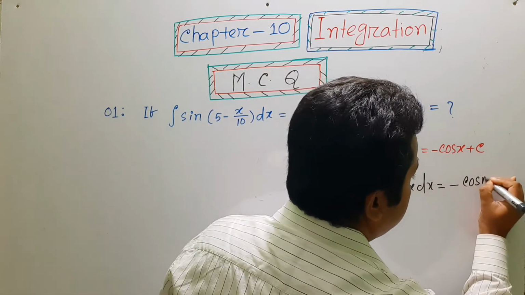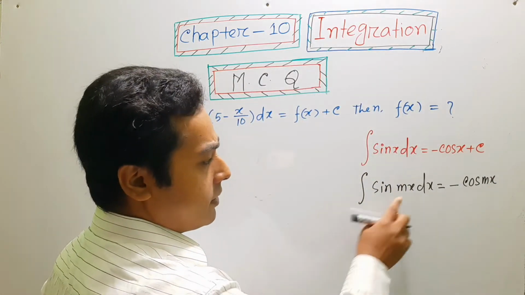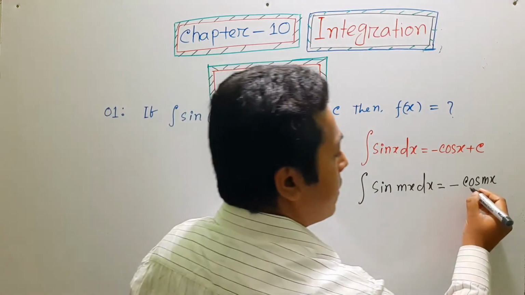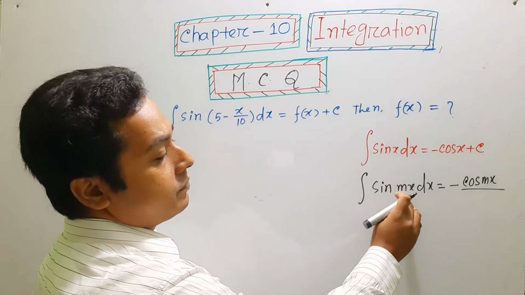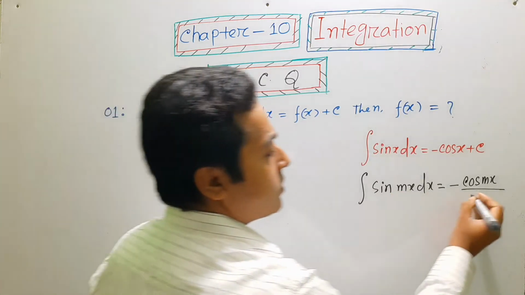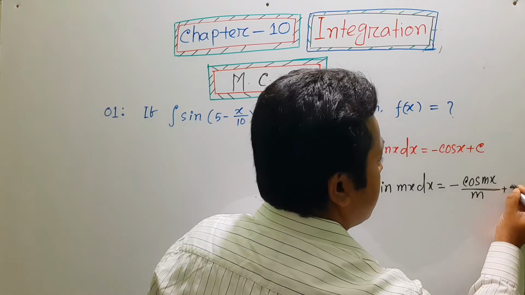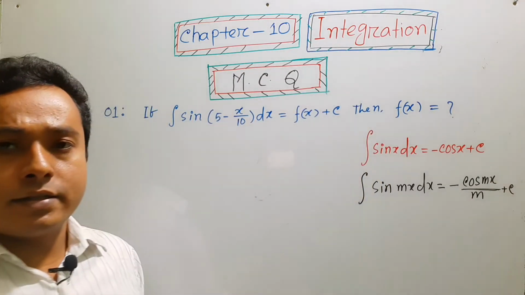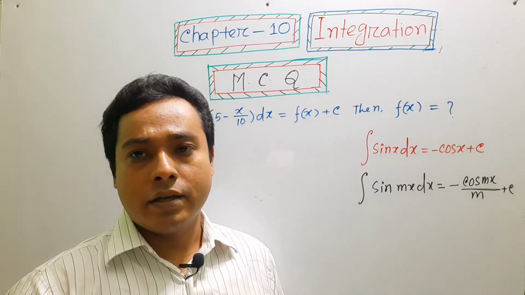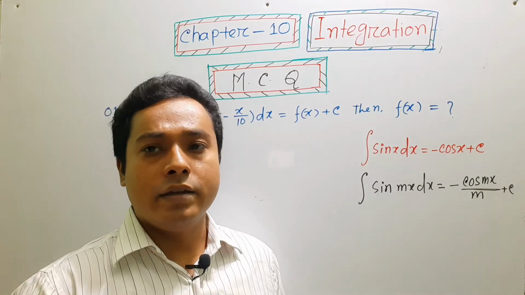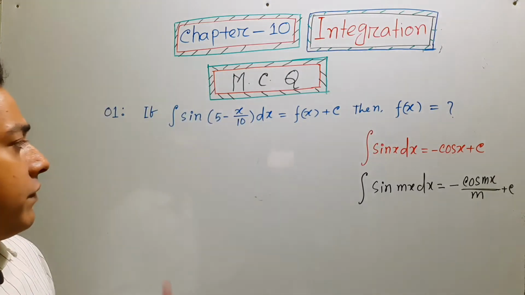Here x is mx, and the constant involved with x is m, so divide by m. In each case, if any constant is involved with x, then the integral is divided by that constant. Now the first question.